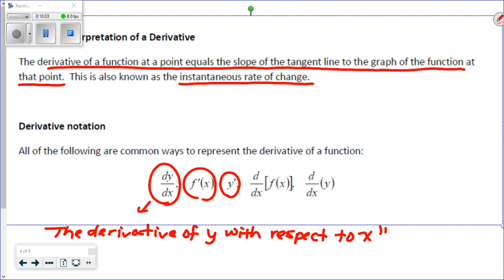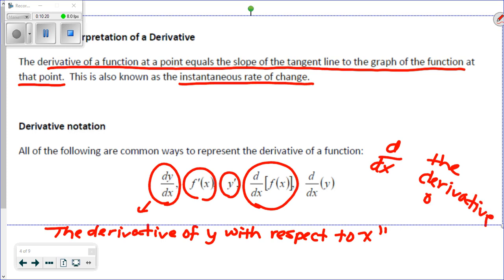And then instead of dy/dx, sometimes we'll just put d/dx in front of the function. Sometimes this d/dx is called the derivative operator. And sometimes instead of f(x), we might use y to identify the function. So these are all different notations for the derivative.